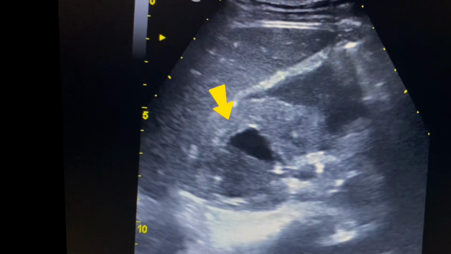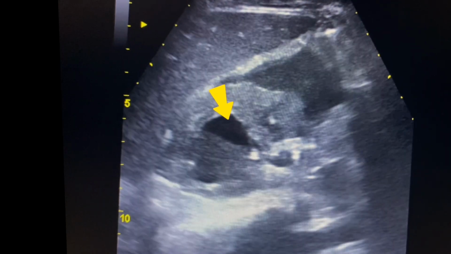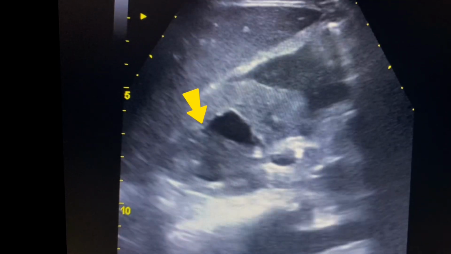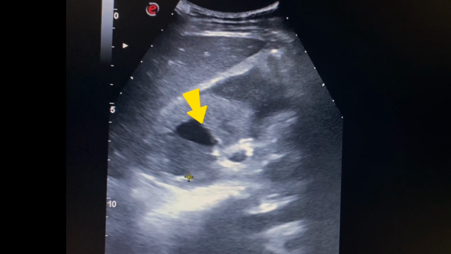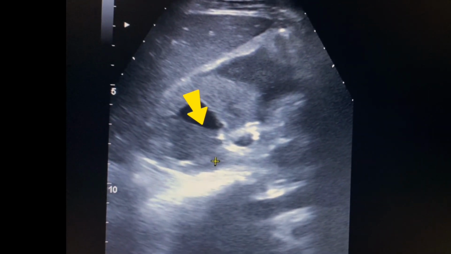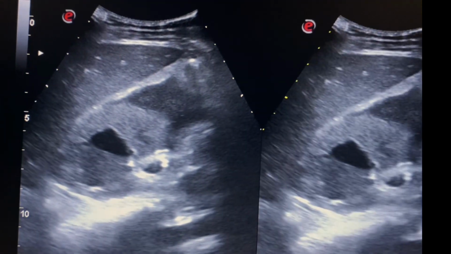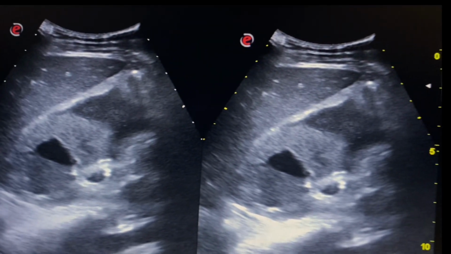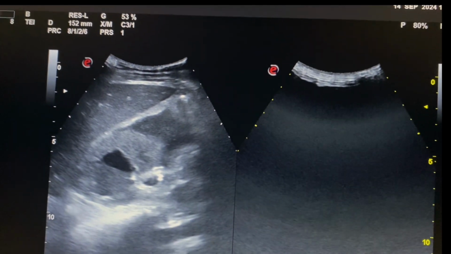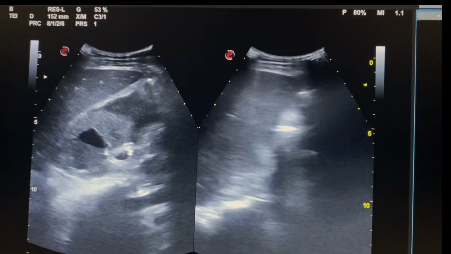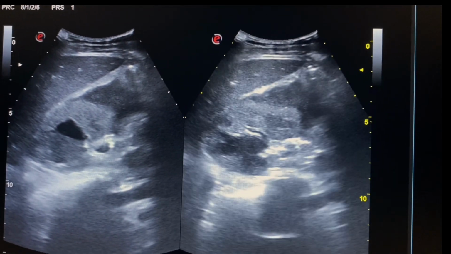Now we see the solid cystic lesion in the upper pole, a hypoechoic and hyperechoic lesion. Now we measure the size and volume of the lesion. For volume, we need two views of the lesion: transverse and oblique view.